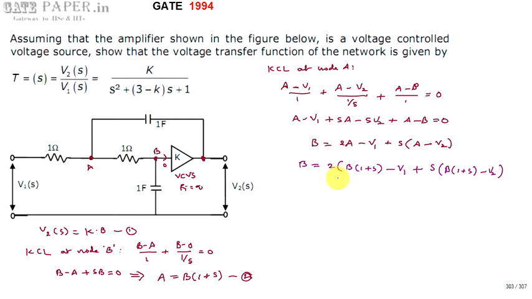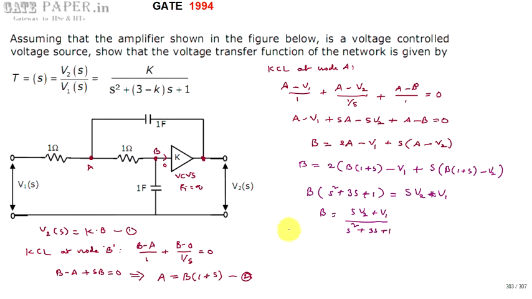After simplification, B into (S square plus 3S plus 1) is equal to SV2 plus V1. So B is equal to (SV2 plus V1) divided by (S square plus 3S plus 1).